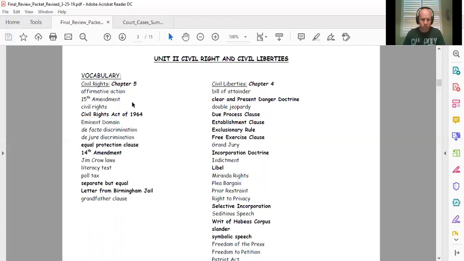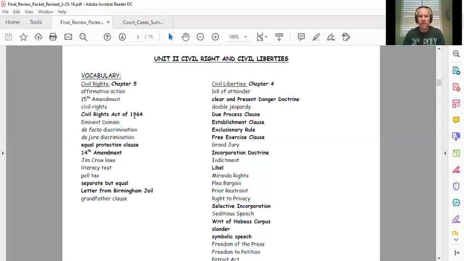So civil rights, remember the Civil Rights Act of 1964? This could be a document that you might have to use in your argumentative essay as a primary source. The Civil Rights Act, we're mostly concerned, if you remember this from your notes, with Title II and Title VII of the Civil Rights Act, okay? Title II is the justification for not allowing racial discrimination in places open to public accommodation.